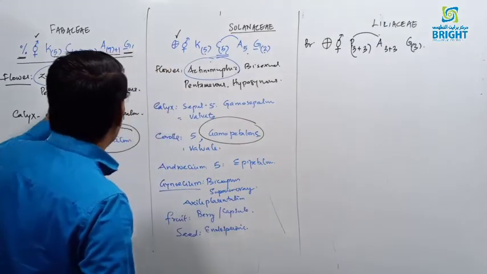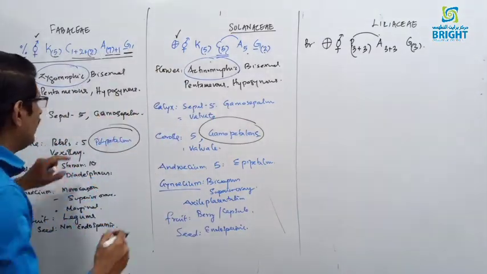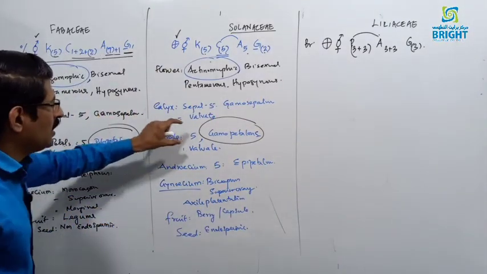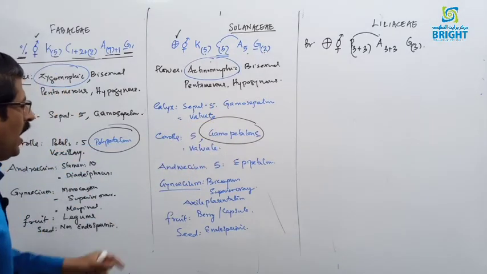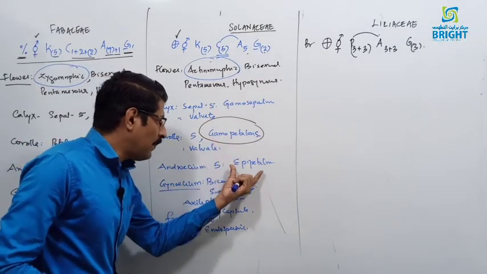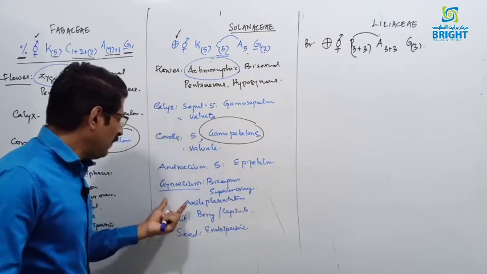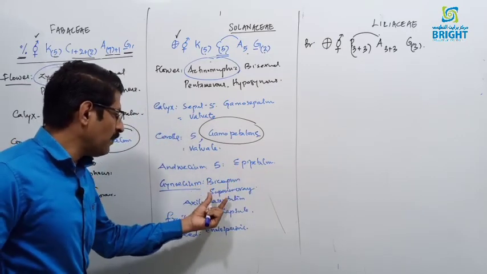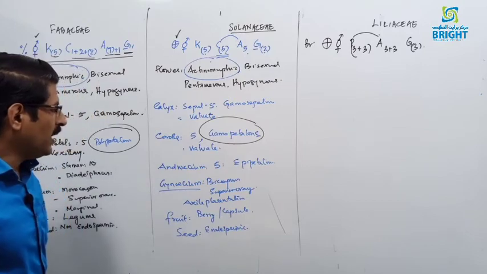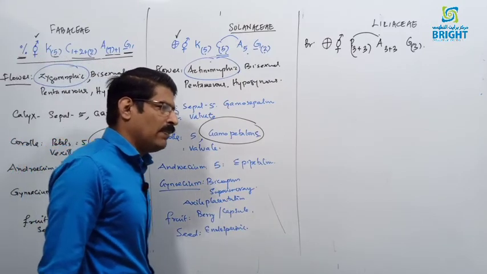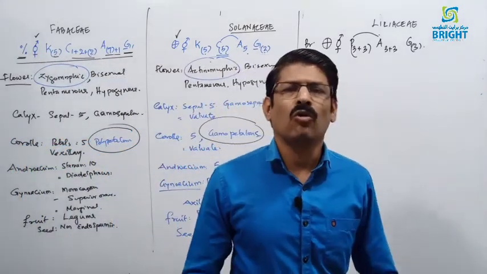So both are different families. It is a polypetalous family, it is a gamopetalous family. And in the gamopetalous nature, epipetalous is a mandatory condition. And gynoecium is bicarpellary, superior ovary, with axial placentation, and many ovules are attached to the swollen placenta.